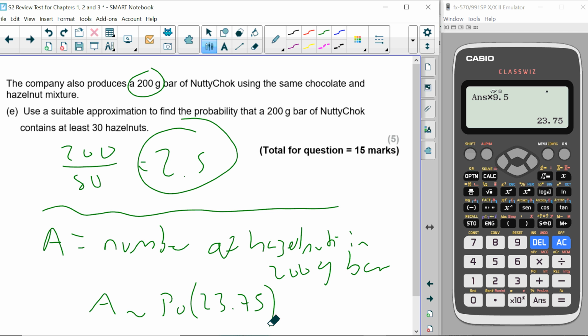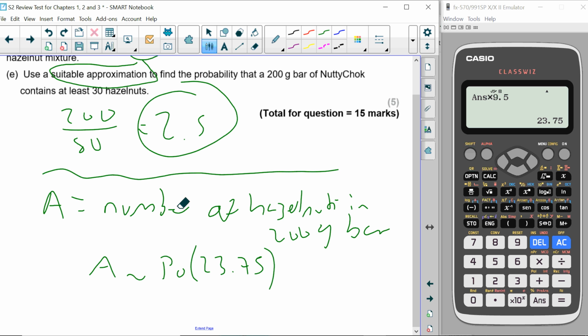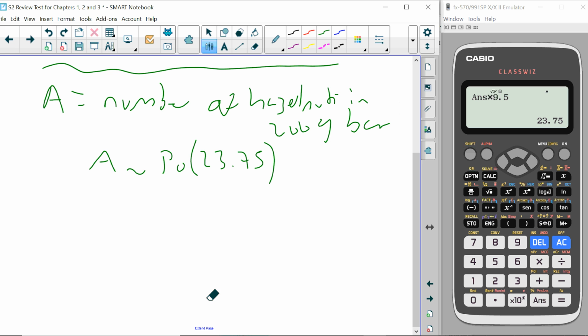So I've set up the distribution, but then read the question. It says, use a suitable approximation, that's important, to find the probability that a 200-gram bar of nutty choc contains at least 30 hazelnuts. Well, this value of lambda is big, it's greater than 10. So I might change it to a new distribution. I might go for, not the letter B, because the letter B could be binomial.